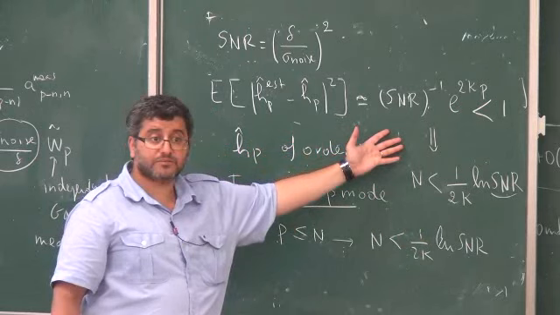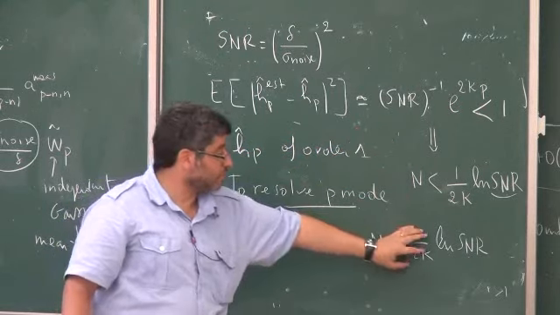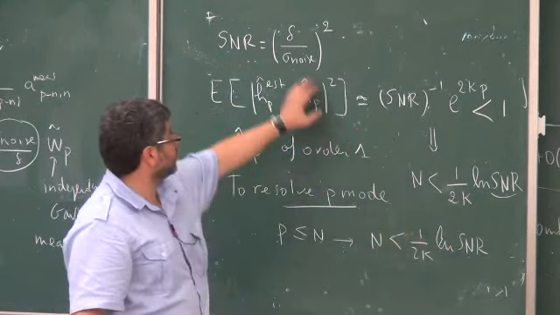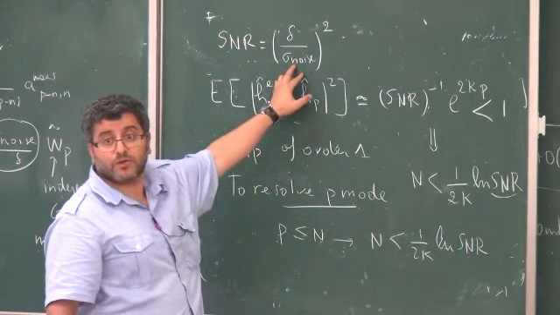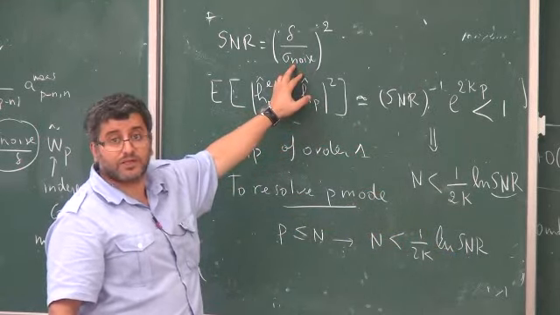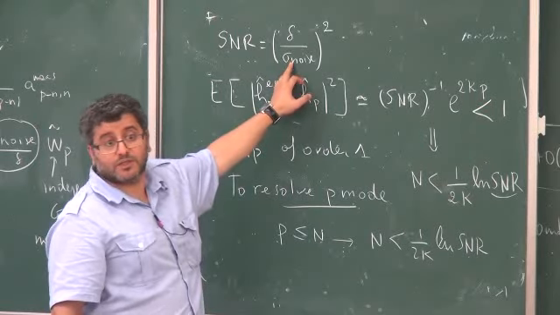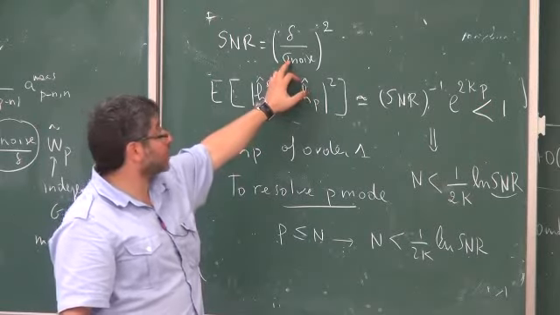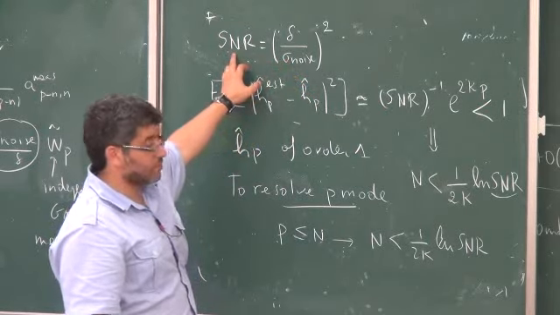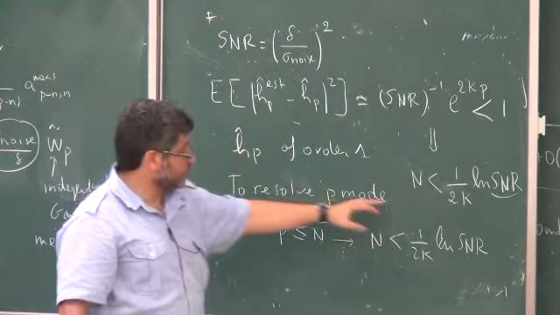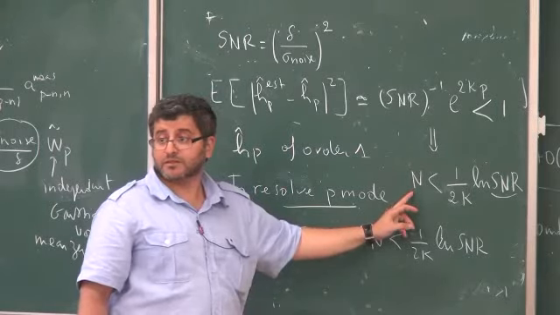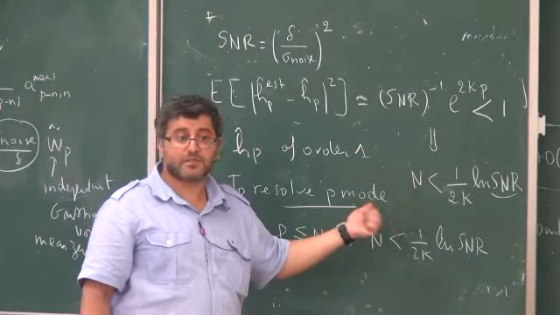Is it clear? And in order to have a signal to noise ratio of order 10 to the power 3, you need the sigma noise to be very small. If sigma noise is large, then the signal to noise ratio is small, and then you resolve nothing. You don't have enough resolving power.